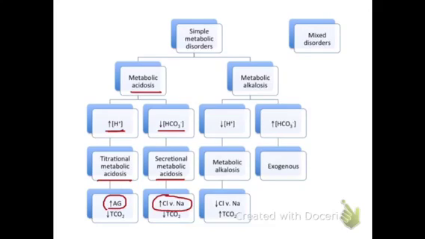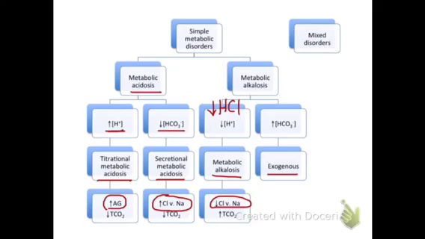Metabolic alkalosis is typically only caused by a loss of hydrochloric acid, but it can be iatrogenic if the animal receives exogenous bicarbonate. Metabolic alkalosis, due to hydrochloric acid loss, is identified by a decreased chloride relative to sodium.